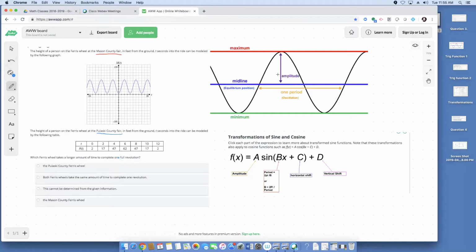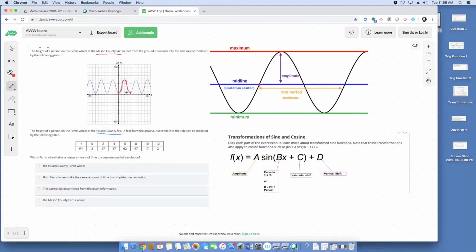If we look at this part, the way this one's looking, I'm going to use red for this one. A period is one full revolution, exactly what they use, from one point to another where it starts and begins. So you could pick anywhere on this graph. I'm just going to pick where it starts on the y-axis. Let's see how long it takes to get from one point to another.